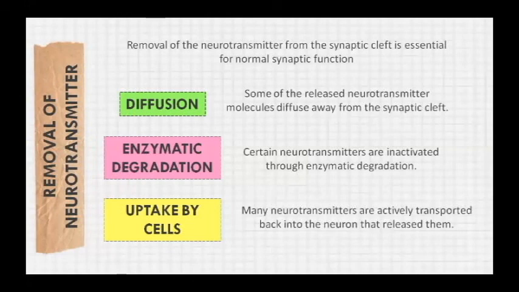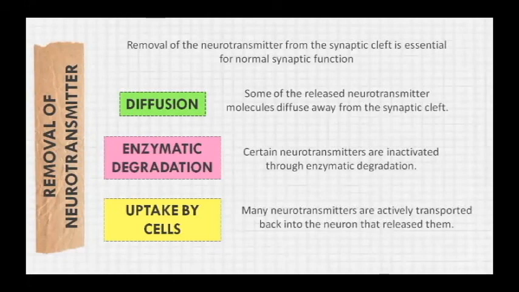Lastly, there is the uptake by cells, in which many neurotransmitters are actively transported back into the neuron that released them, meaning they are undergoing a process of reuptake in which they are sent back to the presynaptic cell or presynaptic neuron that sent those neurotransmitters.